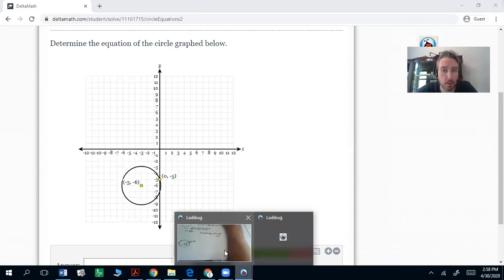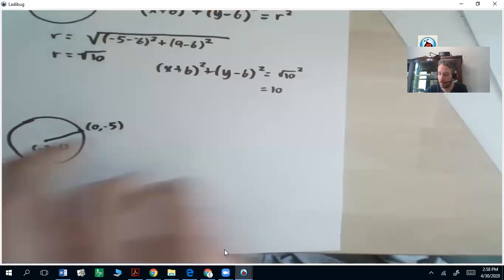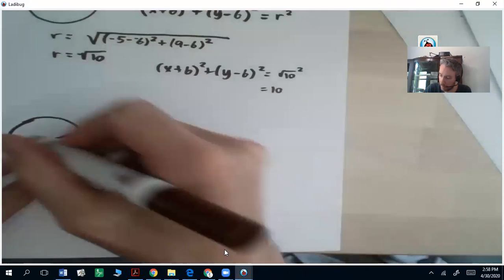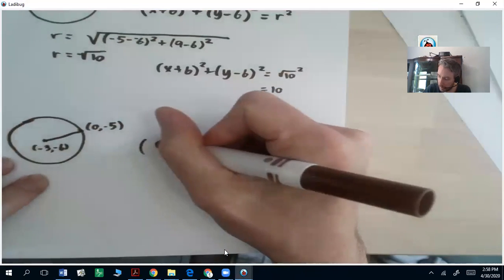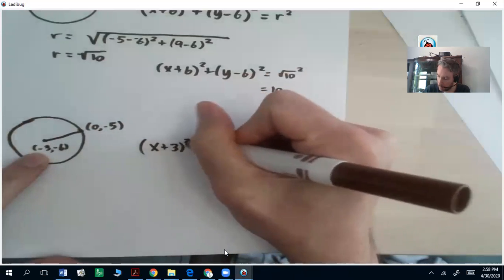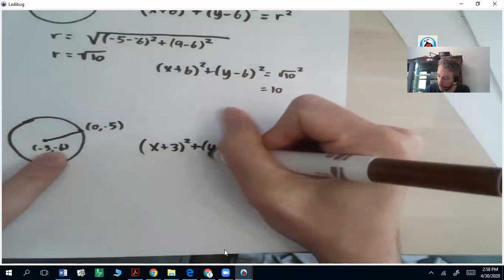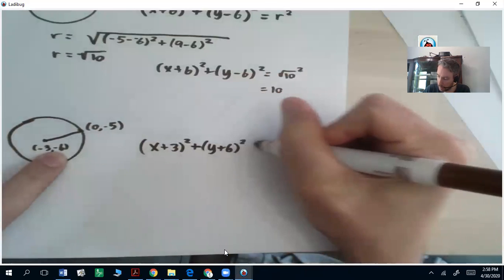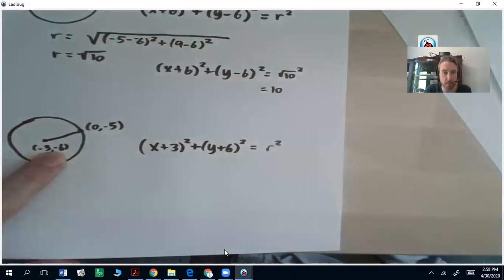So let's work that out. So -3, -6, and 0, -5. First thing I would do is plug it into the circle equation formula, x plus 3 squared plus y plus 6 squared. And I don't know the radius squared, so I'll just leave that as r squared.